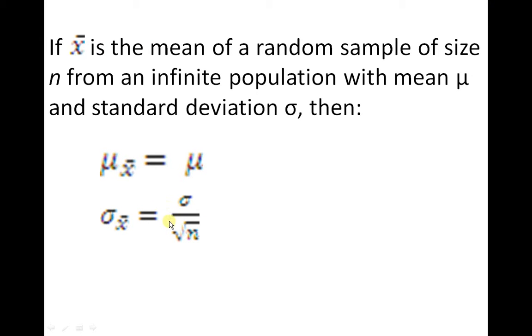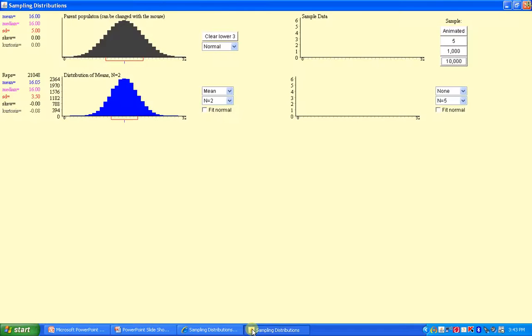If you take 5, the standard deviation of the population, and divide it by the square root of n, where little n is your sample size, not how many times you've done the simulation, then in this case n is 2. So 5 divided by the square root of 2 gives you around 3.5. That's what the formulas are talking about.